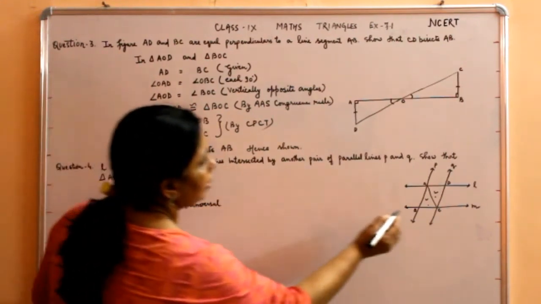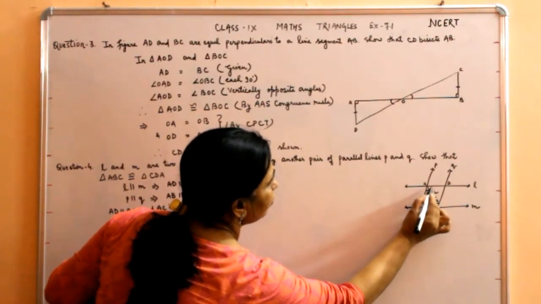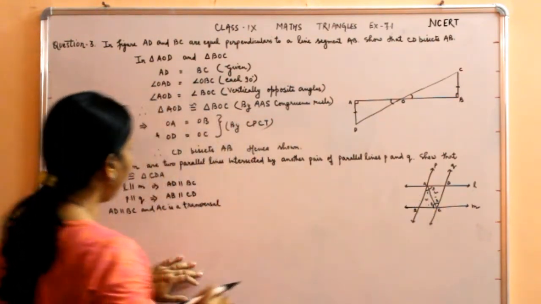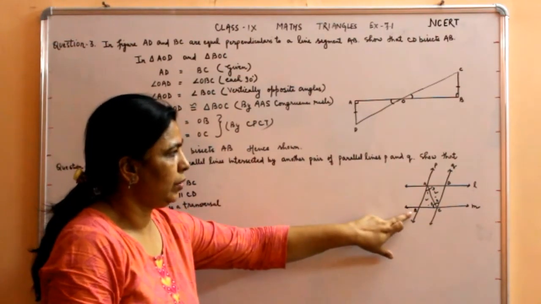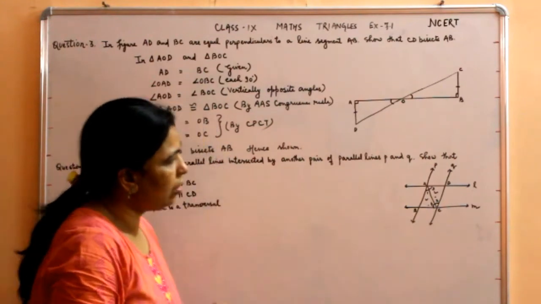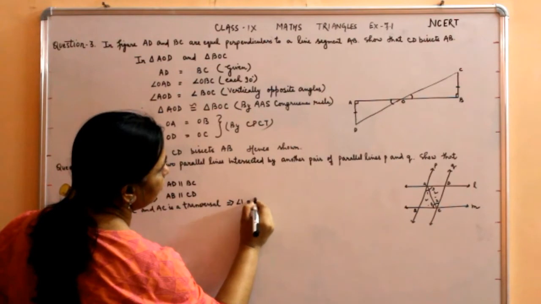Okay, let me name these triangle angles as 1, 2, 3 and 4. अब हमने कहा AD is parallel to BC. This means angle 1 is equal to angle 2.